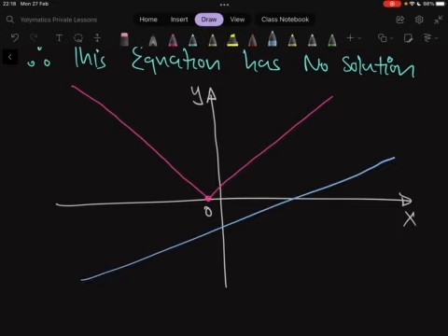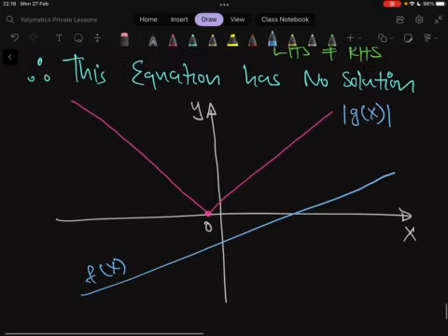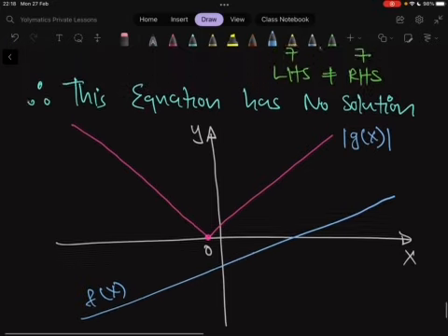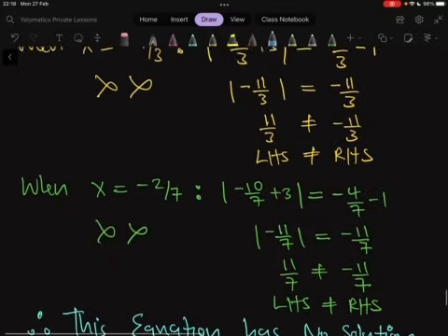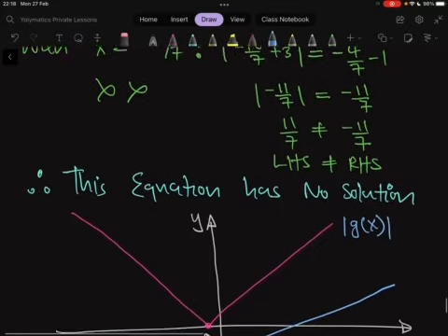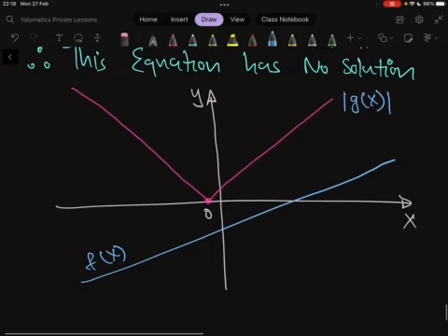You see, meaning there is no way they can intersect. So if this is your function f of x, then your absolute value of g of x will be something like that. So if you are to take your time and plot these two curves involved in this problem in the same set of x's, you will see something which almost looks like this, which shows why we don't have a solution.